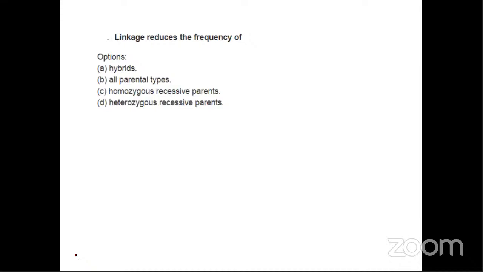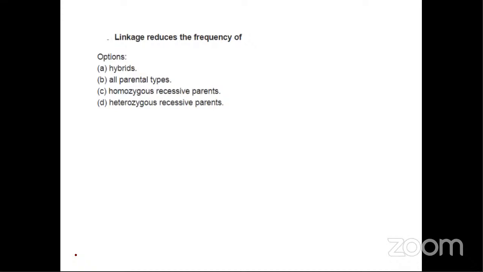Linkage reduces the frequency of. Read all the options carefully and then answer. Darshini, Krishna, correct answer. No, Kashish. Read the options carefully. Linkage reduces the frequency of. अगर linkage होता है तो recombination नहीं होता है, right?